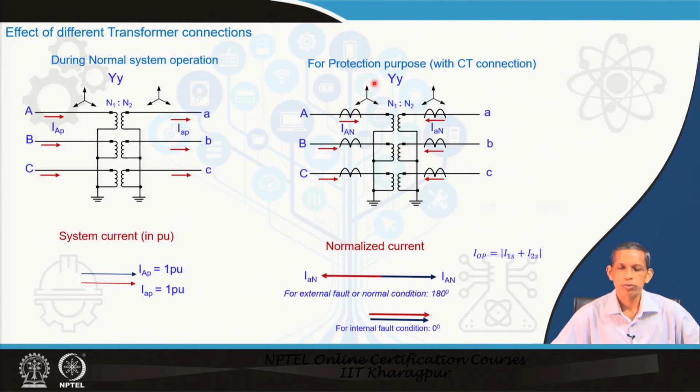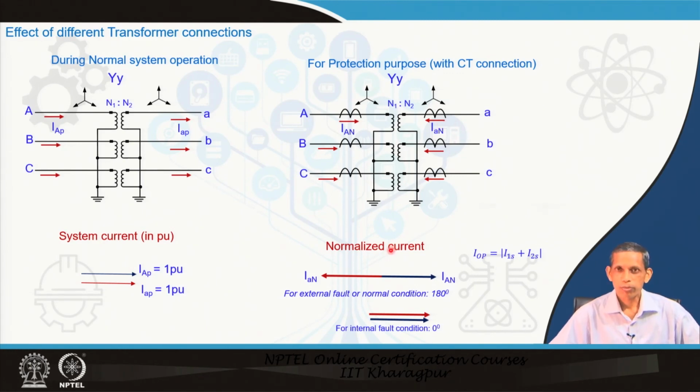Now, let us come to the protection of such a transformer. So, now we connect the CTs, as already mentioned, with proper polarity connections and all these things. With CT connections we mark the current flow as in zone, towards the zone. So, now for this case, in normal situations, the corresponding current will be reversed.